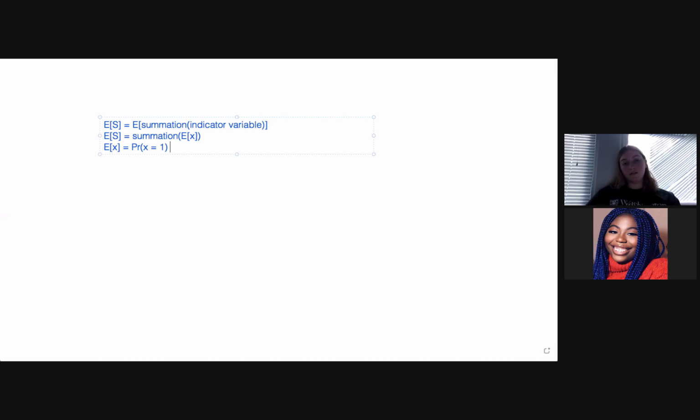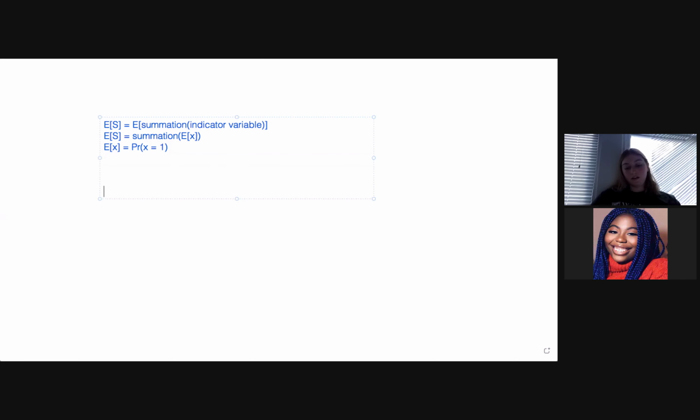Because the probability for an individual edge that it's satisfied is 2/3. Yes, that's true. So that is what we can sub in for this, which means that we are just doing a summation over all the edges of 2/3. So then you just get 2/3 times the number of edges. Oh, I see now. So that's really all you need for A.